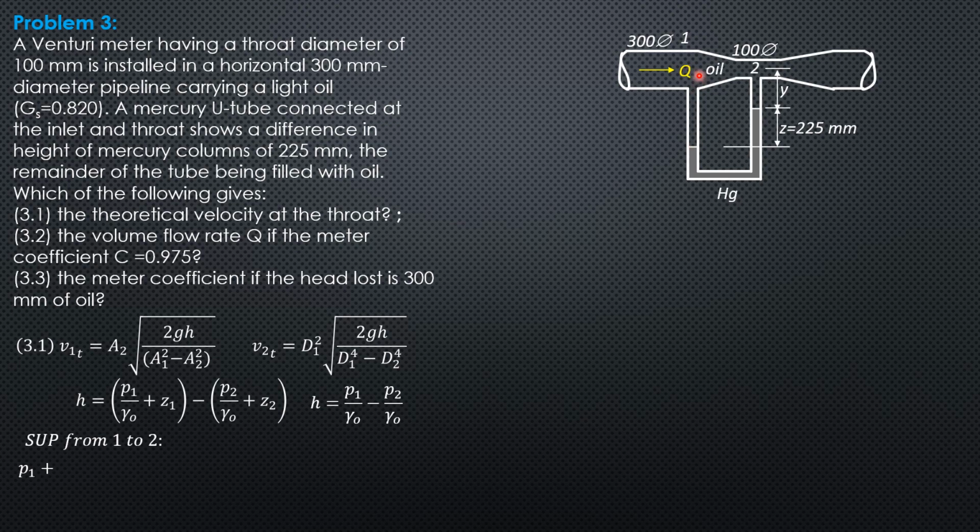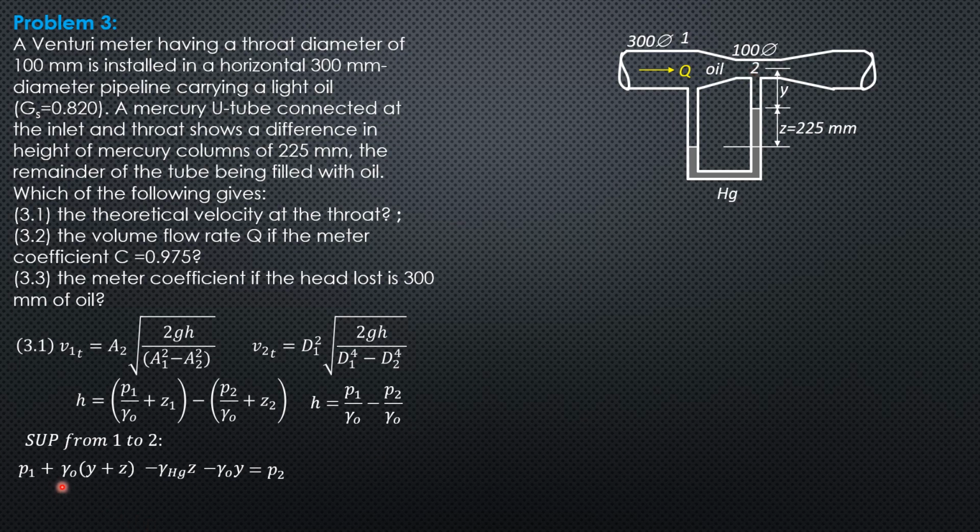This is oil, so plus gamma of oil times quantity Y plus Z. We jump across to this point because these 2 points are on the same level, so they have the same pressure and the equation will not change. We are now here. Then go up. This is mercury, so minus specific weight of mercury times Z. Go up again. This is oil, minus gamma of oil times Y. Then we reach point 2, so equals pressure at 2.